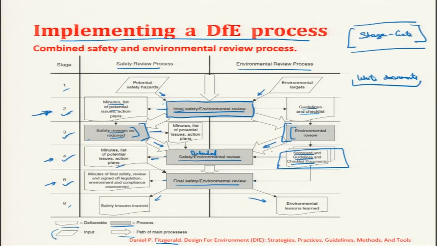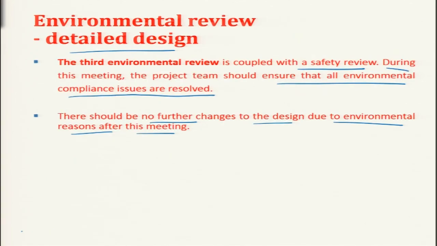So, this is the detailed design, when we have got the input from a separate environmental review and a separate safety review. Okay, the detailed safety environmental review document is prepared now. The result of this meeting is an updated guidelines and checklist, again updated from the previous one.